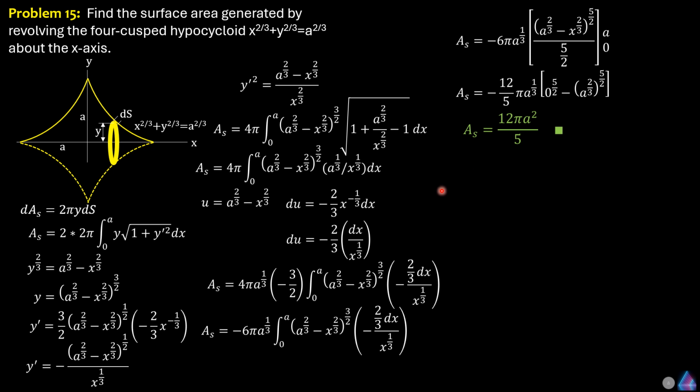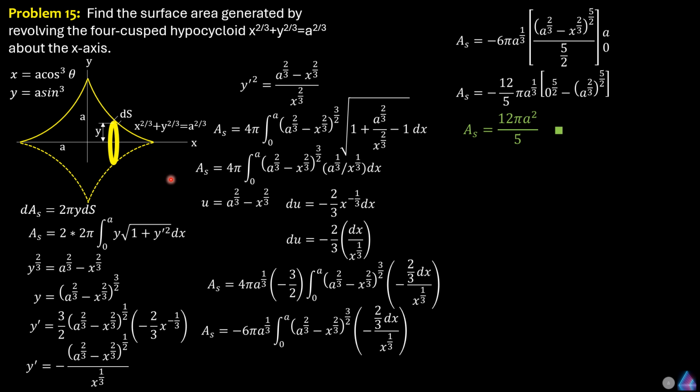Now, for the parametric equation, the parametric equation is easier to manage than this algebraic equation. x is a cosine cube of theta. y is a sine cube of theta, so that when you substitute it here, this is satisfied.